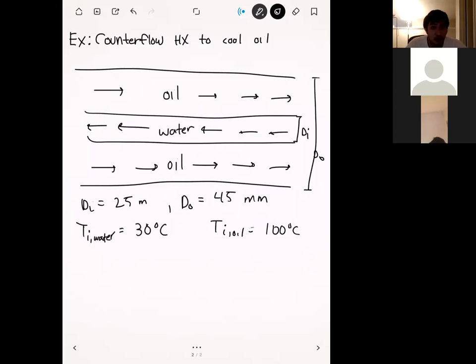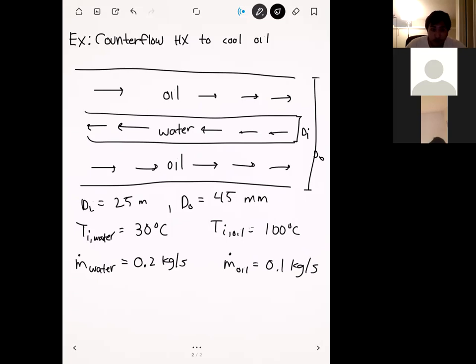All right. We know the mass flow rates. The mass flow rate of water is going to be 0.2 kilograms per second, and the mass flow rate of oil will be 0.1 kilograms per second.